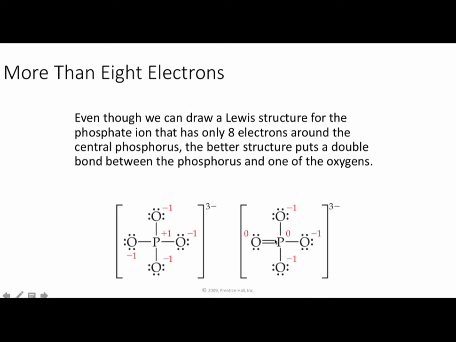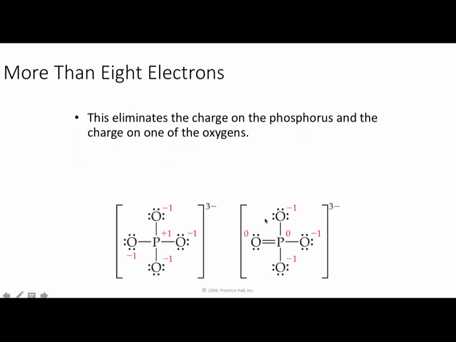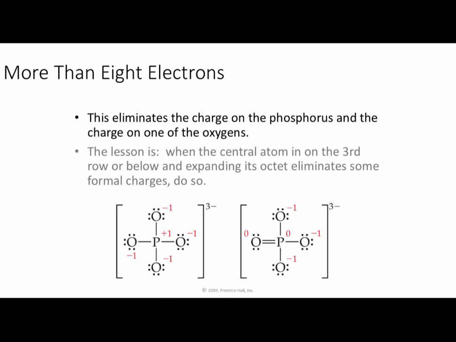However, if we make a double bond between the phosphorus and the oxygen, I can lessen the charges. And remember, the first thing that we want to do is have fewer formal charges on a Lewis structure. Would I expect you to come up with this on your own? Actually, no. But now that you've seen it for phosphate, you should remember phosphate.